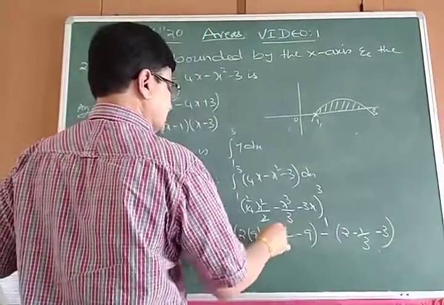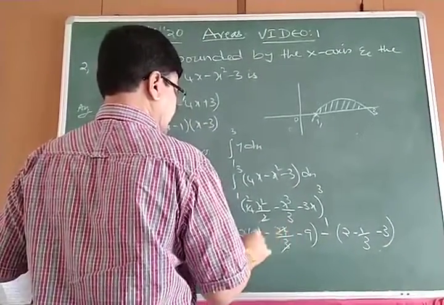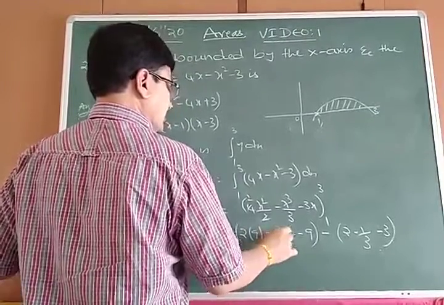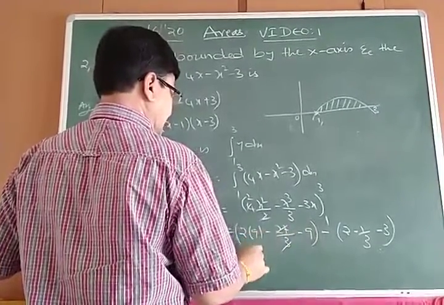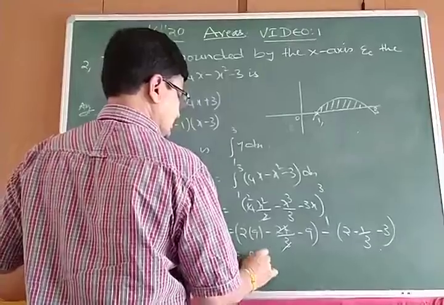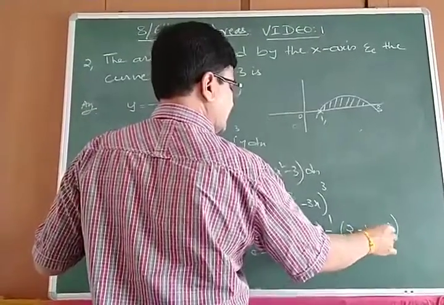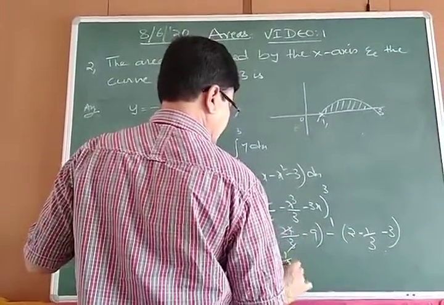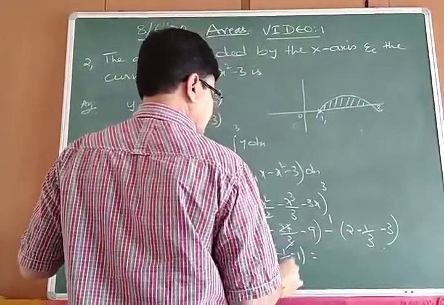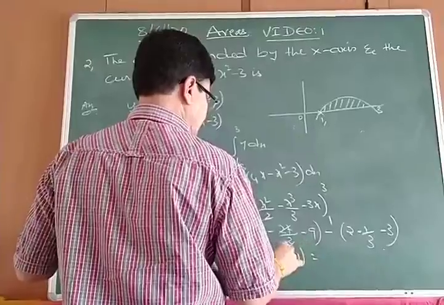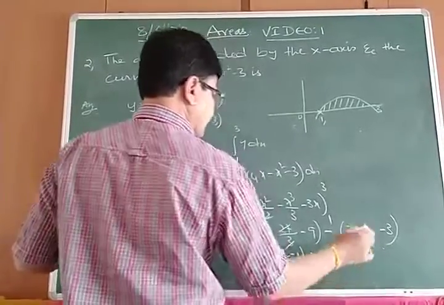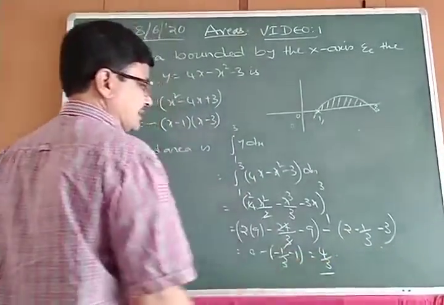So this is equal to 18 minus 9 minus 9, that is 0, minus, taking LCM, minus 1 by 3 minus 1. So LCM gives minus 4, and 4 by 3 square units. This is the required area.